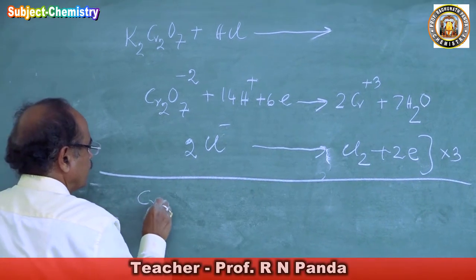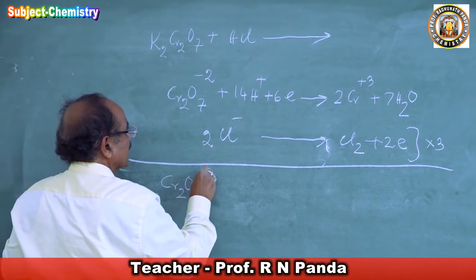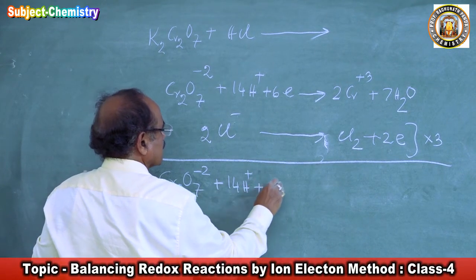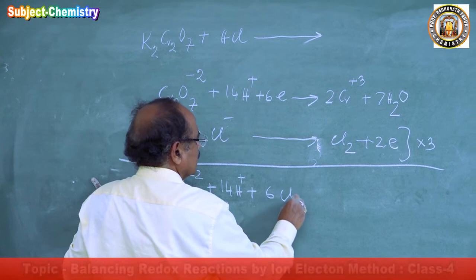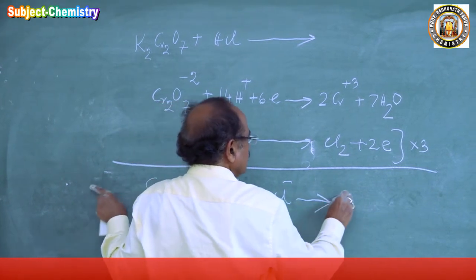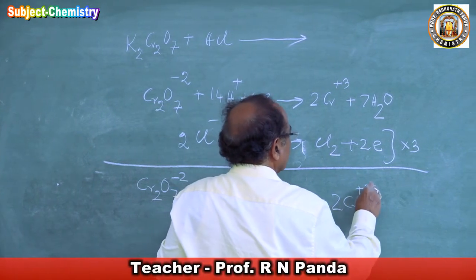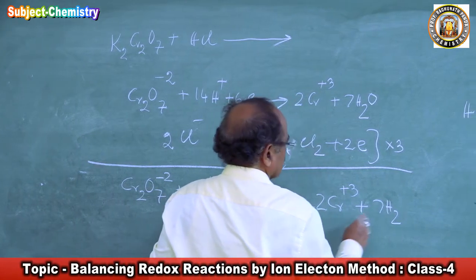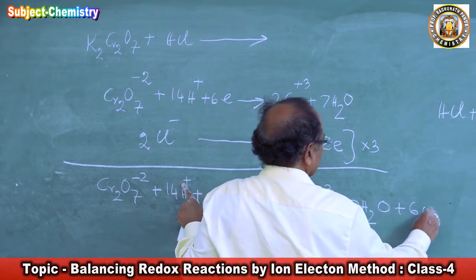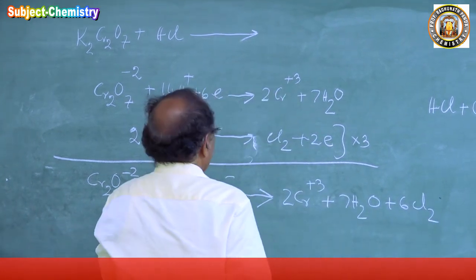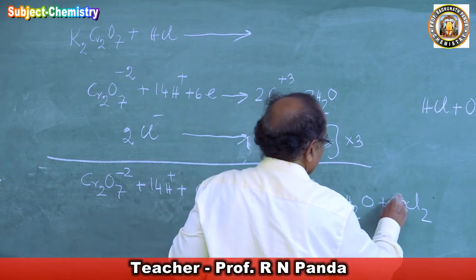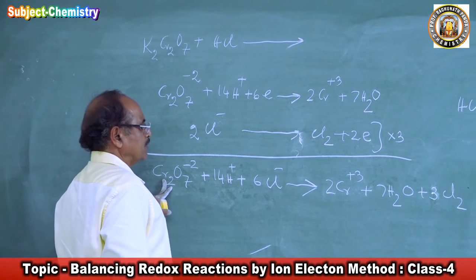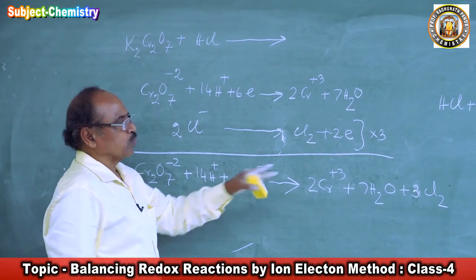So Cr2O7 minus 2 plus 14H plus plus 6Cl minus will give us 2Cr plus 3 plus 7 water plus 3Cl2. So here potassium dichromate is oxidizing HCl to chlorine.